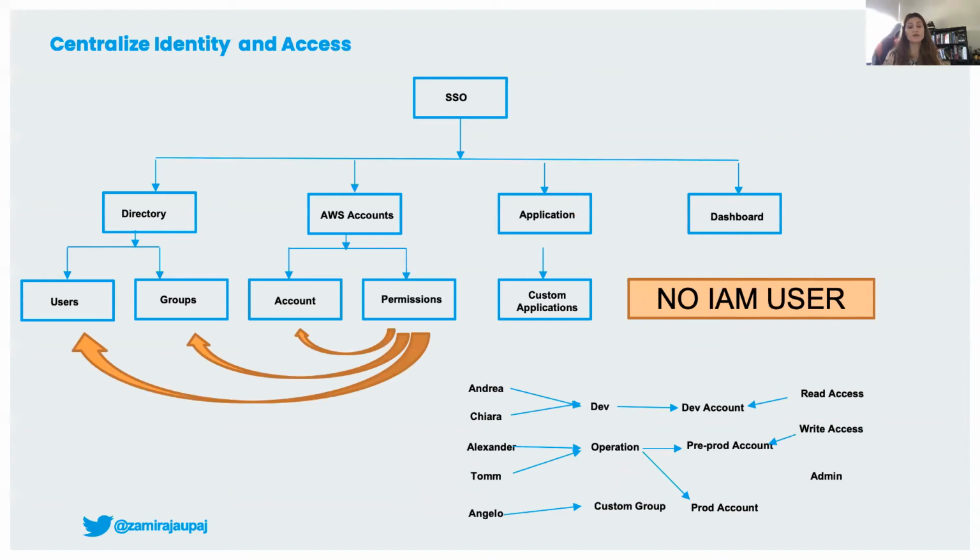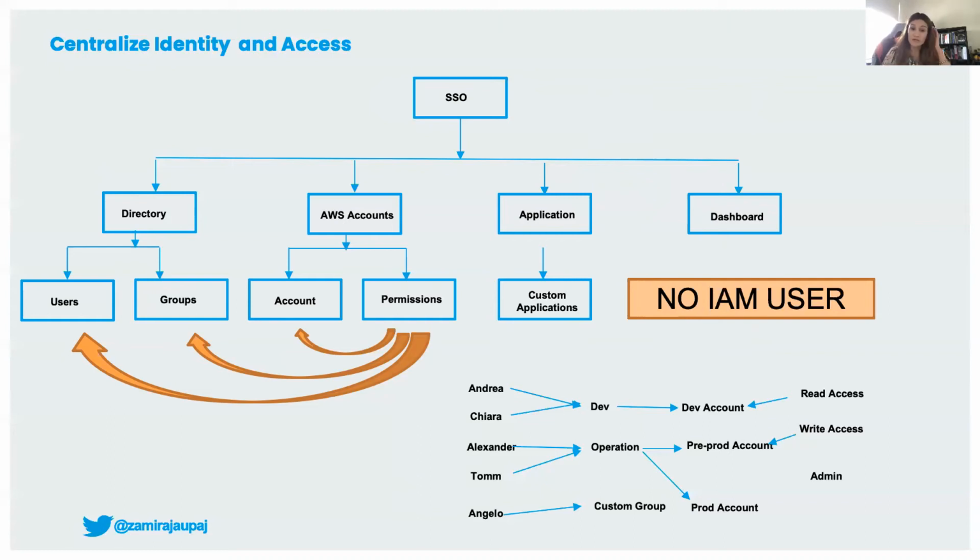Single sign-on is also part of the master account. This allows you to centralize access management and permissions in AWS accounts. You can authenticate to an AWS account with a single user and password through the customer-friendly link that single sign-on provides. You can set up user permissions, group permissions, account permissions, session duration, and who can access what.